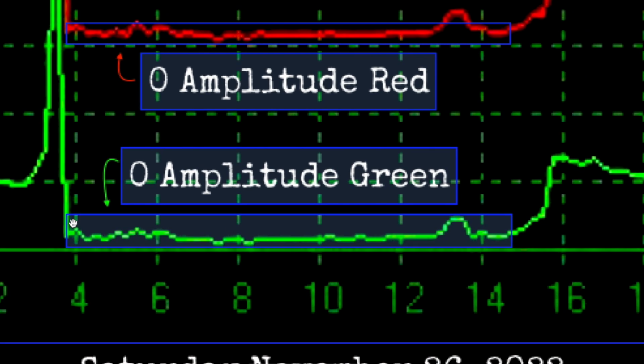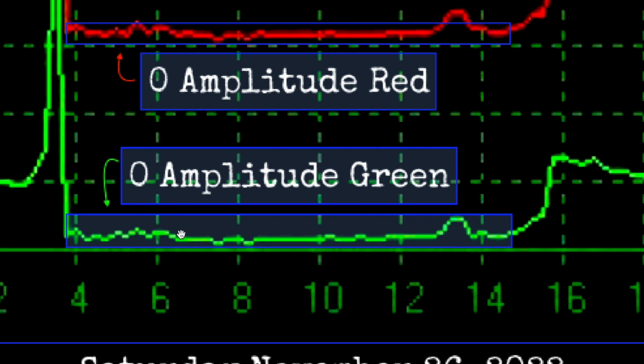And green, like red, was at 0 the entire time. Actually, even this rise in green was still at 0, 0 point something.